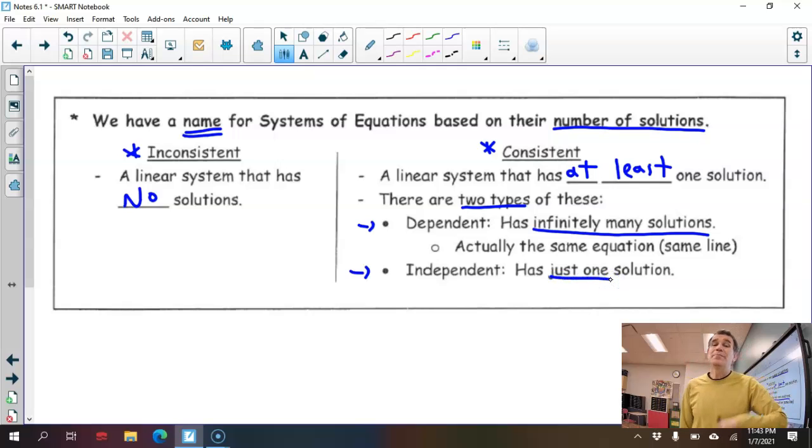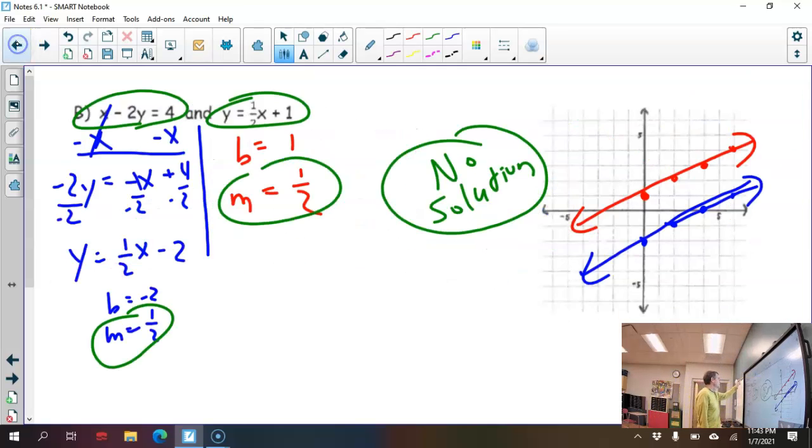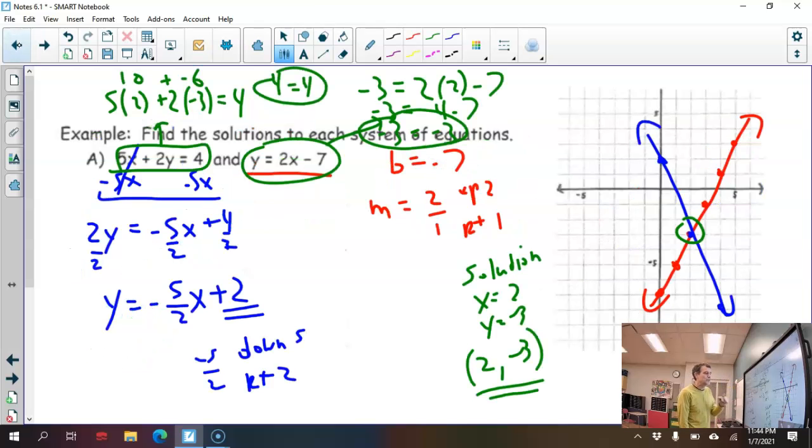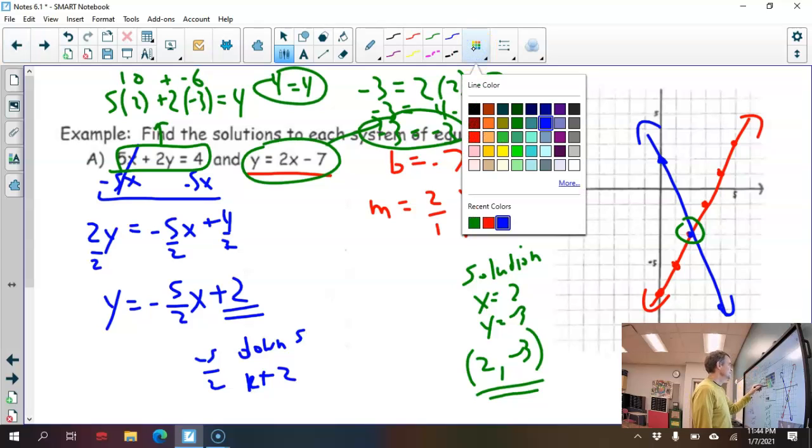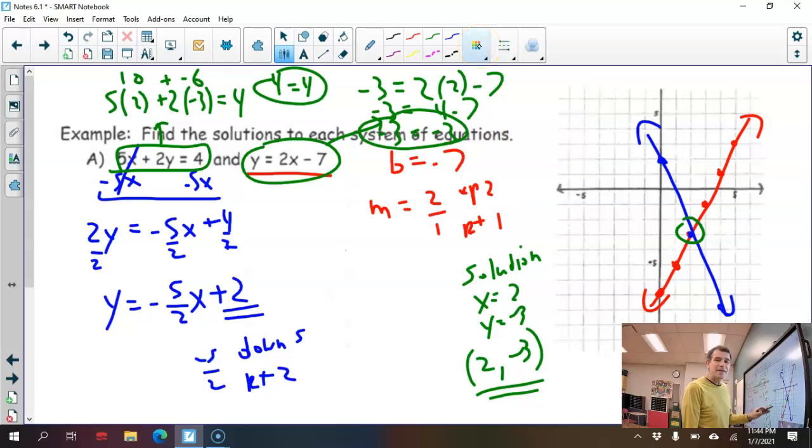So I'm going to want you to be able to name what type of system you have solved. For instance, back here, letter A had one solution. So let's go to a different color. How about cool magenta? All right, so what type of system is this?